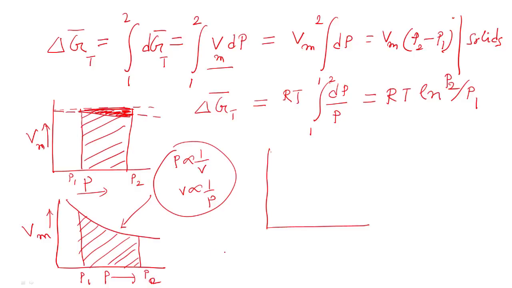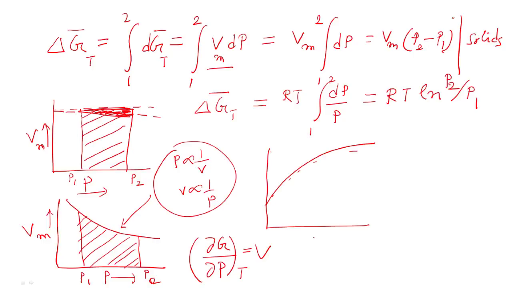Remember that we had an equation like this, if you just go back and check: del G del P, the variation of Gibbs free energy with respect to pressure at constant temperature, was V. Now think about it, how will the curve look like for a gas? We draw a curve like this.